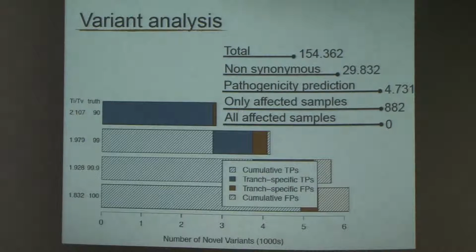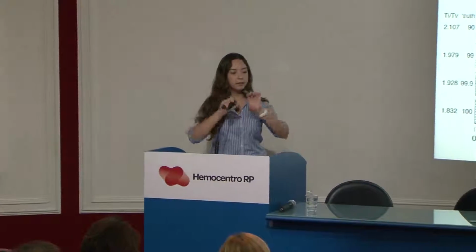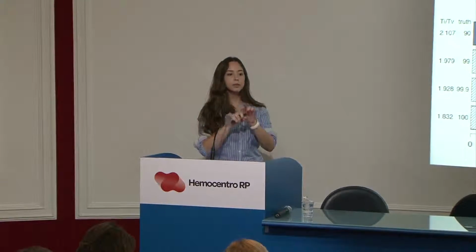So the total variants identified was about 155,000 variants, and of them, about 30,000 variants were non-synonymous. And we applied filters by pathogenicity prediction, using programs such as PolyPhen and SIFT, which analyze the 3D protein structure.